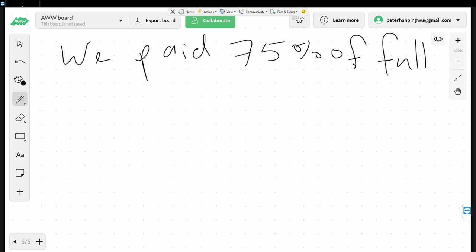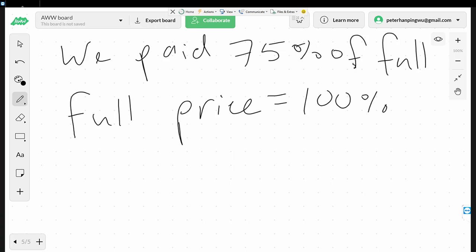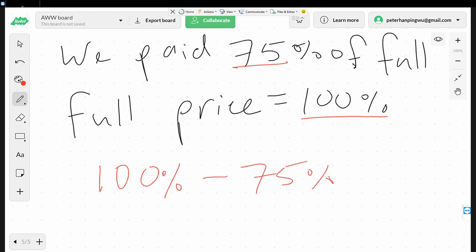Well, it's 100. 100 just means the whole thing. So full price is 100%. To find the percent that our discount was, all we have to do is take this 75 away from 100. Well, what's math language for take away? Subtraction. So 100% minus 75% gives us a 25% discount.